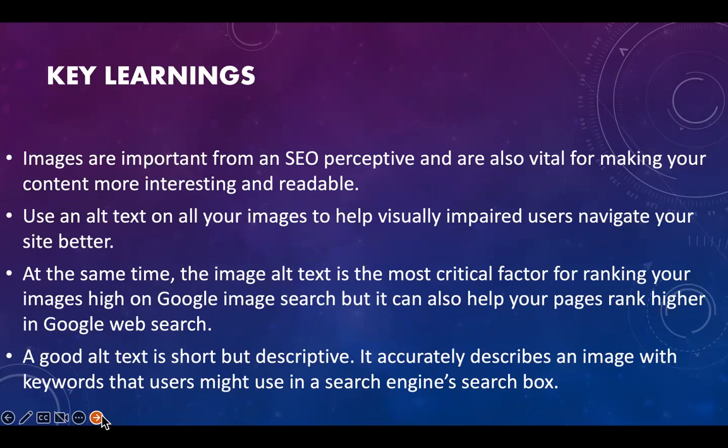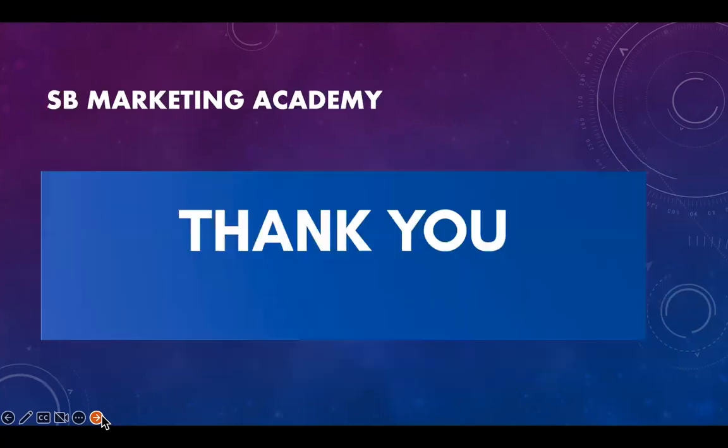At the same time, the image alt text is the most critical factor for ranking an image high in Google search, but it can also help your page rank higher in Google web search. A good alt text is short but descriptive. It accurately describes the image with keywords that users might use in a search engine search box.